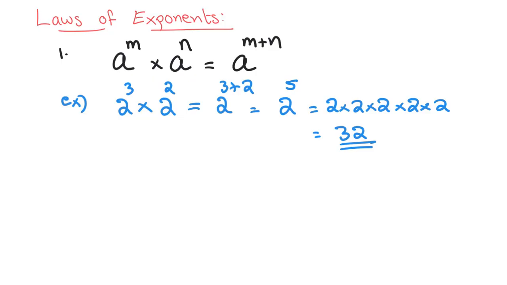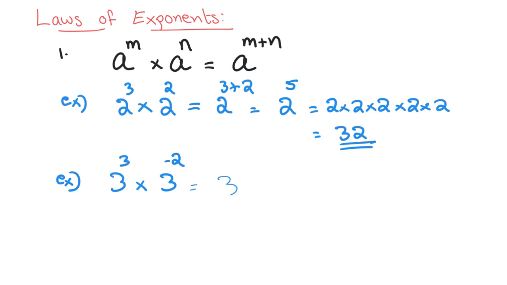Let's take another example. 3 to the power 3 times 3 to the power negative 2. Ask yourself the questions. Are the bases same? Yes. Are they multiplied? Yes. So what do you do with the powers? You add them.